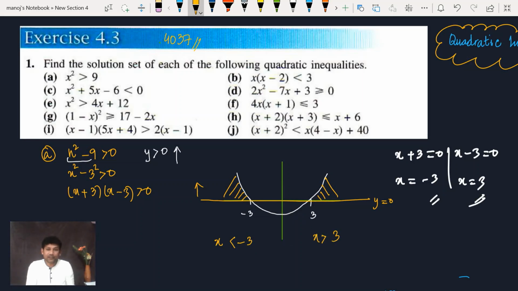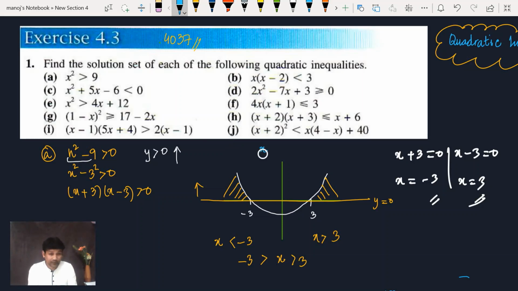Sometimes we can write the solution collectively, like x in the middle, x is less than minus 3 and x is greater than 3. But what is my method? My method is very simple. You have to write x in the middle.